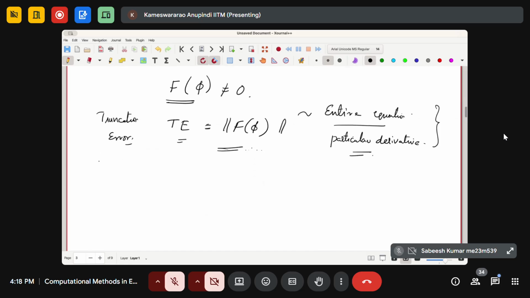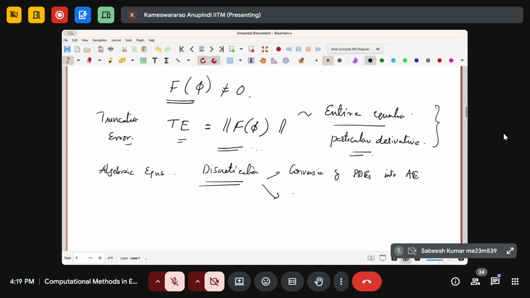Now, before we go ahead and obtain these algebraic equations, as I mentioned, we have to perform an operation that is known as discretization, right? Discretization can mean two things. One is the conversion of PDEs into algebraic equations.